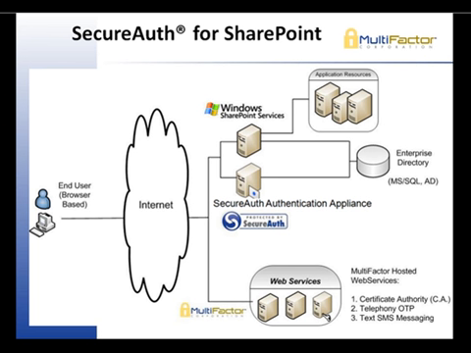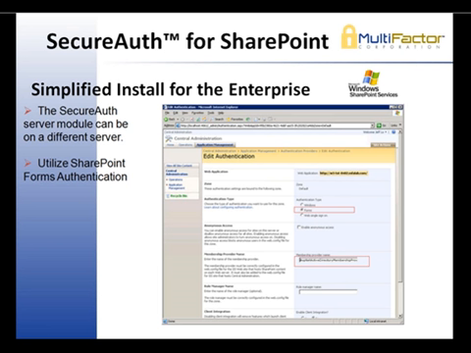After we install the appliance into the infrastructure, we will have to do a couple of configuration changes. We will go into the SharePoint Central Administration Console, look for the authentication type, and change it to forms. This tells SharePoint to use forms-based authentication from this point forward.